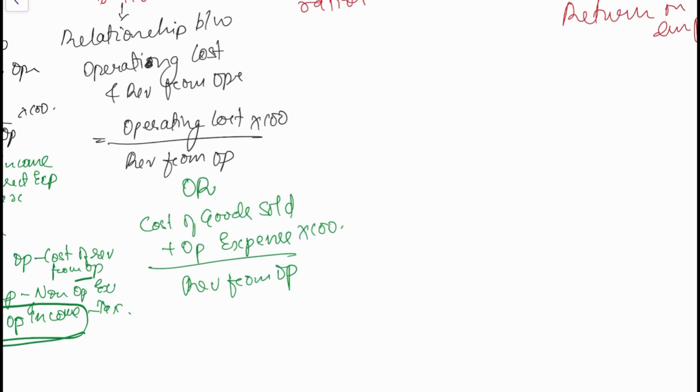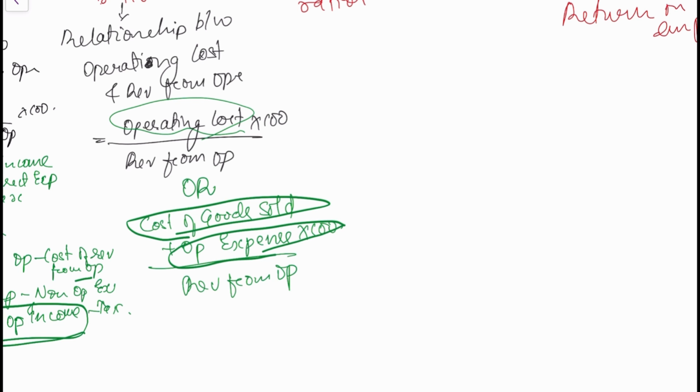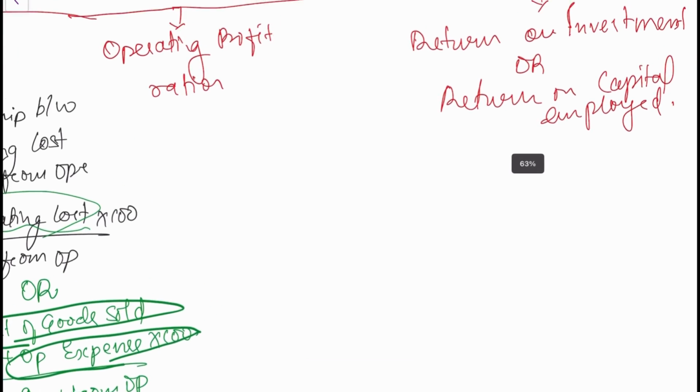So if operating cost is directly given, then you can write the amount. If operating cost is not given, then you have to calculate the cost of goods sold and add it with the operating expense, then divide by revenue from operation.